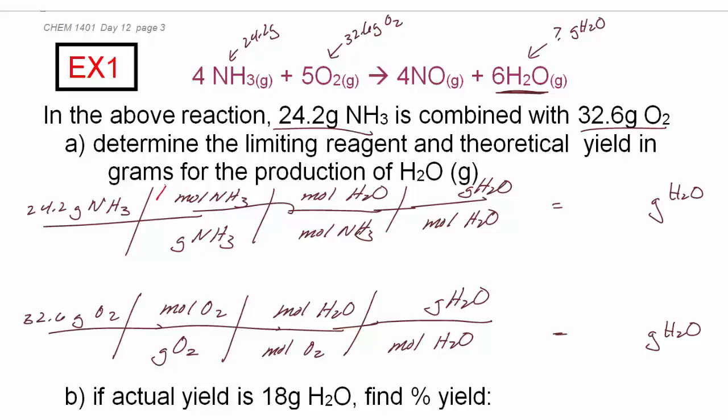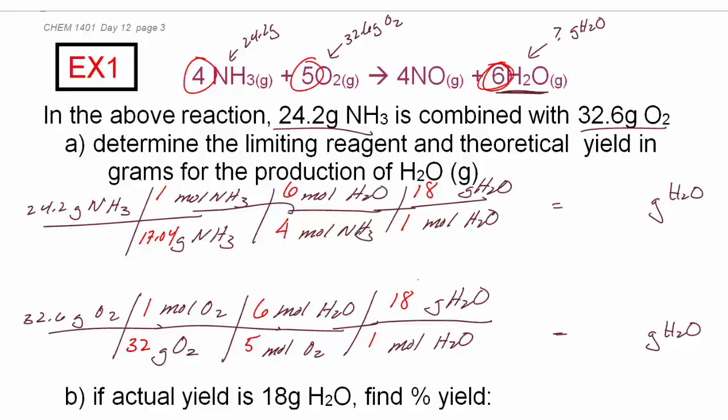In 1 mole of ammonia, I've got about 14.01 plus 3 times 1.01, about 17.04 grams of ammonia. I've got 6 moles of water for every 4 moles of ammonia, and every 1 mole of water, I've got 18 grams of water. The bottom one, 32 grams of oxygen in a mole of oxygen, 5 moles of oxygen for every 6 moles of water, and a mole of water, 18 grams.